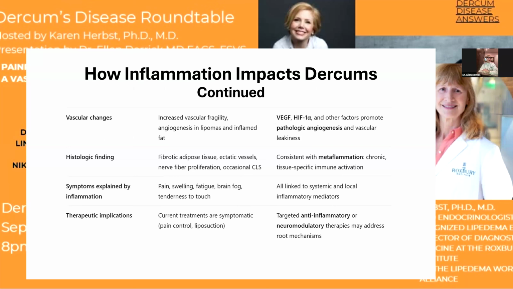She talked about some histologic findings and therapeutic implications. And I'm going to get to that a little bit at the end when I talk about our soft drive. And it's part of the genetic research that she's doing. But histologic findings, when she was talking about looking at slides and looking at tissue, that's called histology.